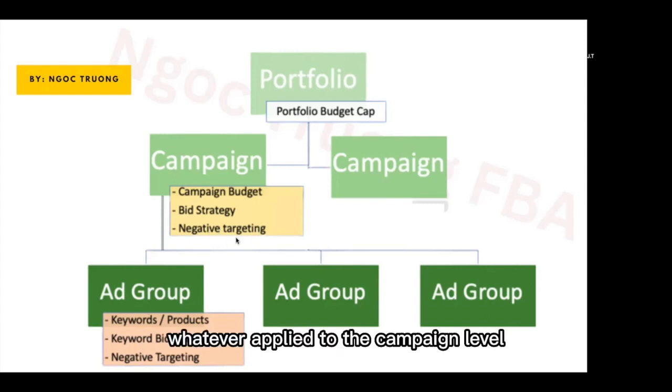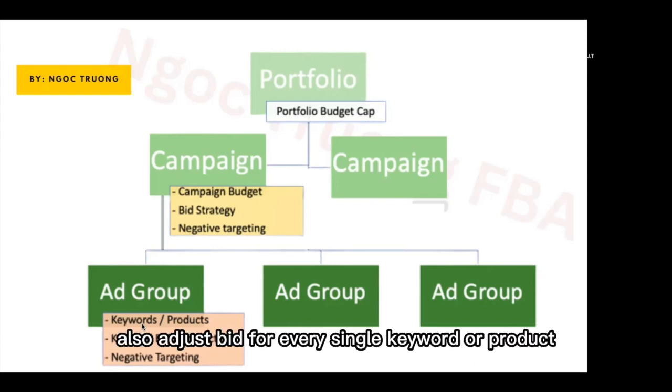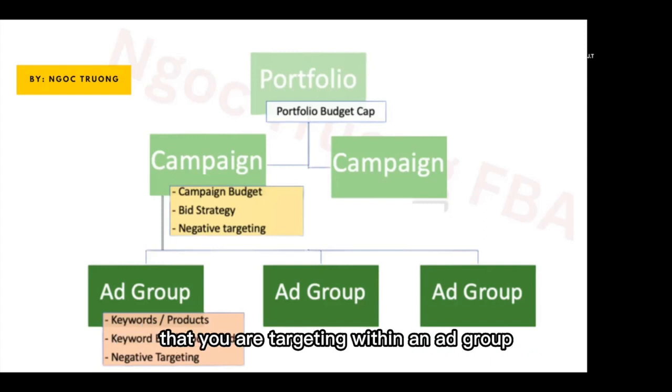Whatever is applied to the campaign level in terms of negative targeting will be applied to all of the ad groups within that campaign. So the ad group level is the lowest tier in the hierarchy, where you can set certain keywords or products that you want to target. You can also adjust bid for every single keyword or product that you are targeting within an ad group.